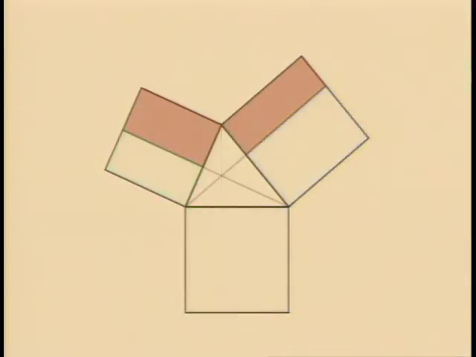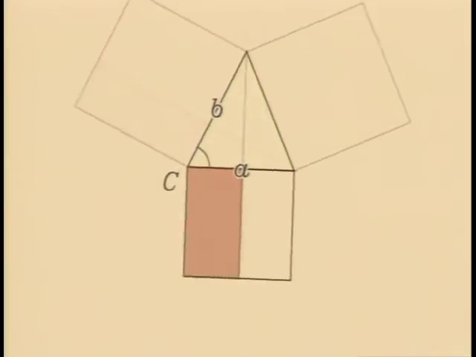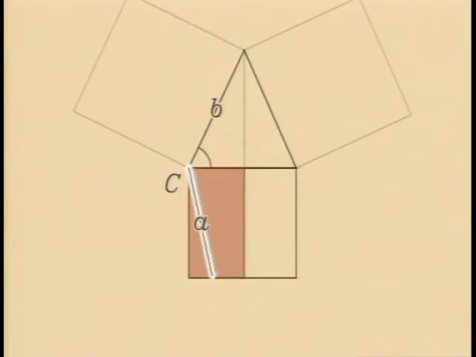Now let's calculate the areas of the two brown rectangles in terms of the sides and angles of the triangle. The area of a rectangle is the product of its edges. This edge has length A. What about the other edge?